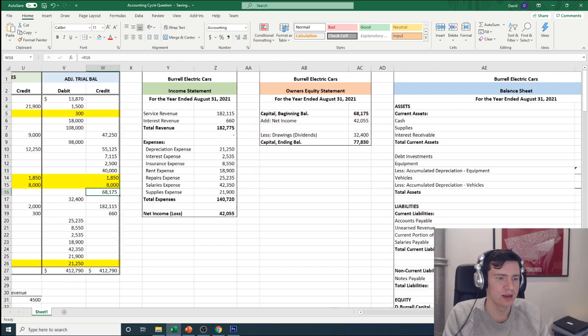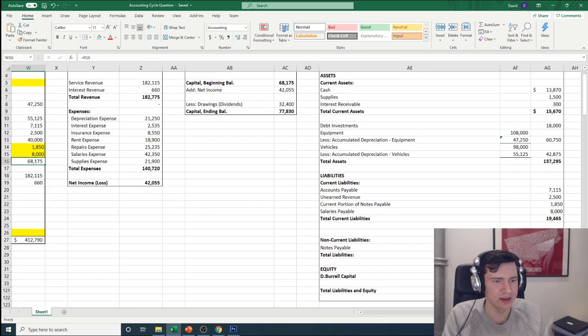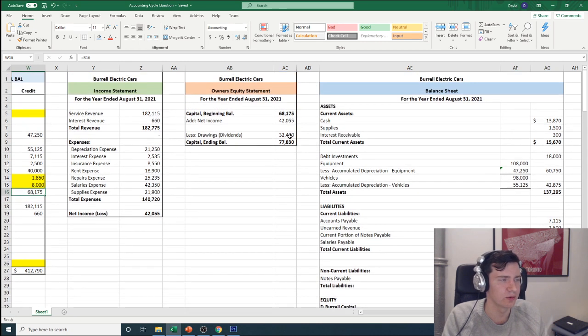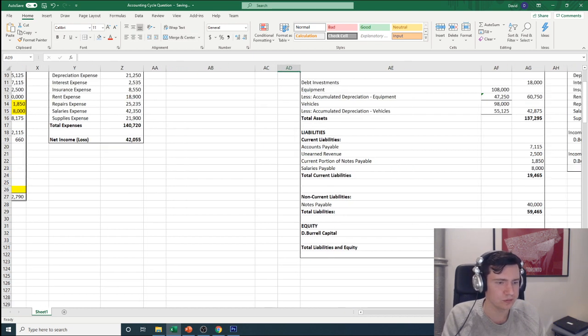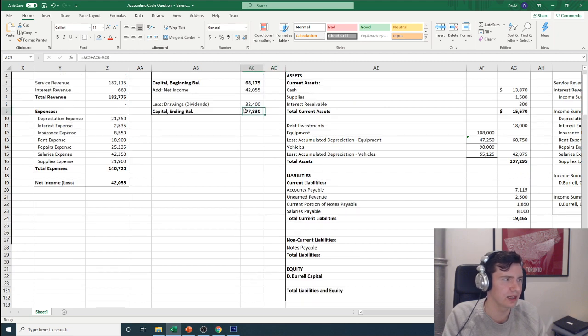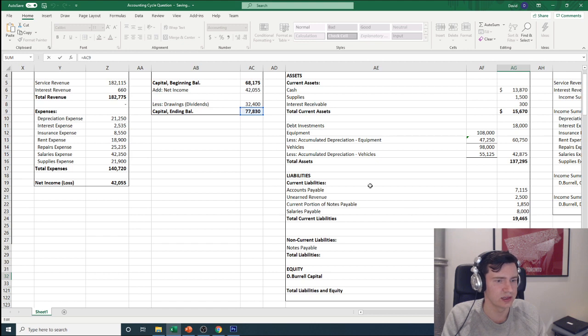Because remember, the one account that doesn't have an updated amount on the balance sheet is the retained earnings balance, because you just finished the retained earnings statement right before. So I should just change this to retained earnings statement, because it might be confusing people saying owner's equity. So we took the ending balance in our retained earnings and added it there. So you can see it referenced that.